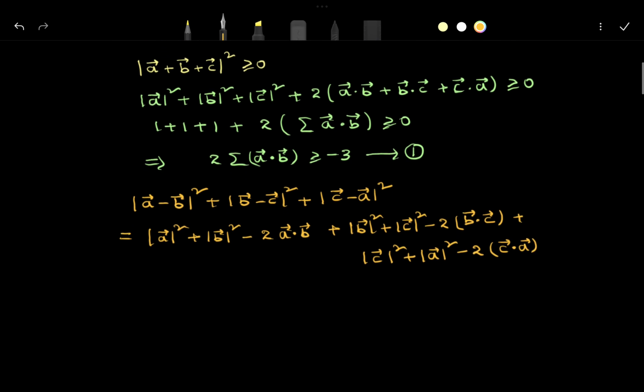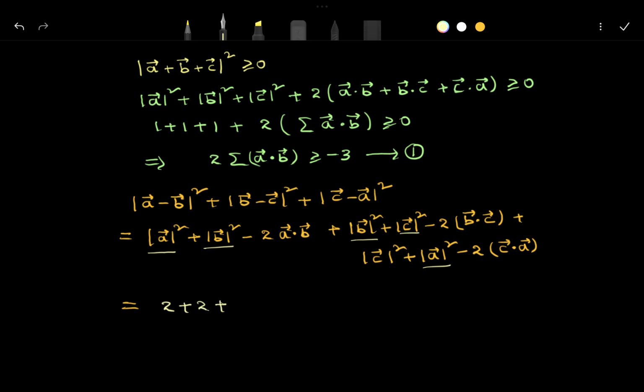Completely now, by simplifying this value, modulus of a bar is there 2 times, and this magnitude is 1, so 1 plus 1 is equal to 2. Plus b bar whole square 2 times is there, so plus 2.